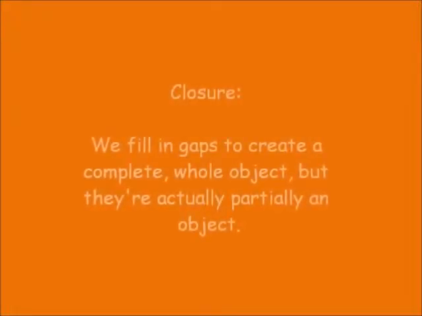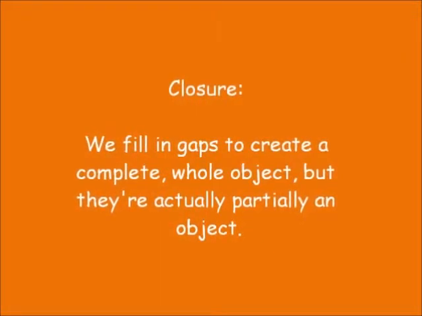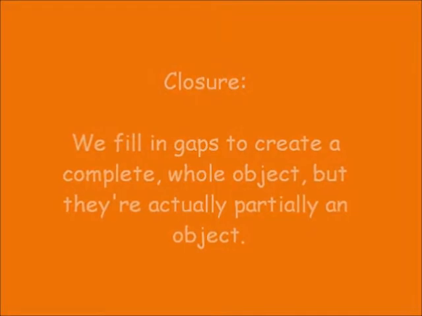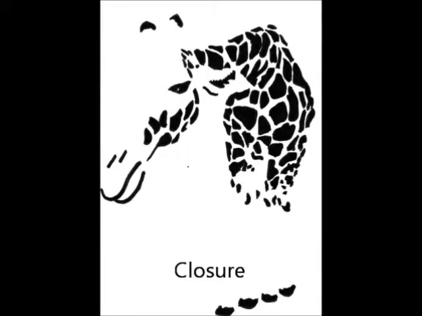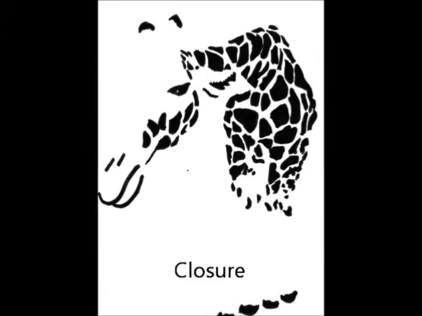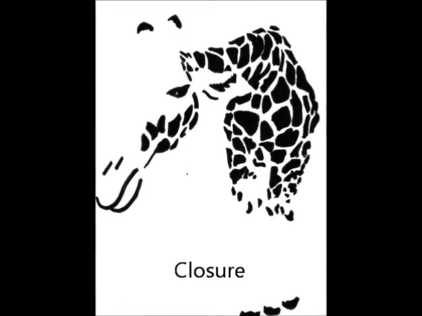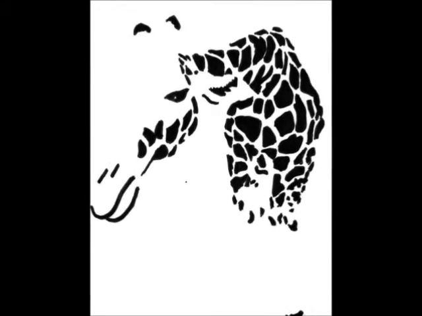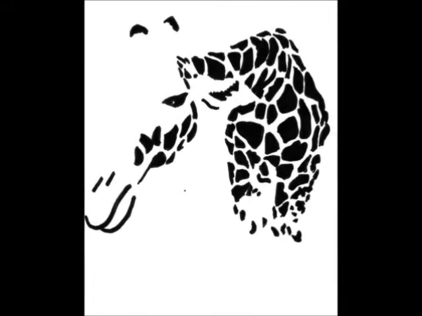Closure. We fill in gaps to create a complete whole object, but there's actually only a partially complete object. So there's a lot of gaps in this image, but we perceive it as a giraffe. And if the gaps were completed, it would be a giraffe. But even though there are gaps, we still see the giraffe.